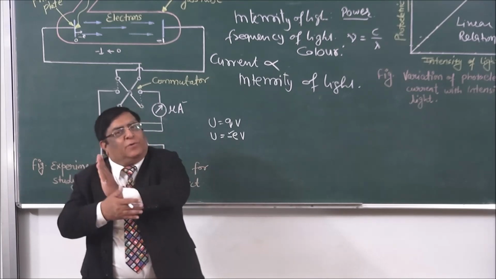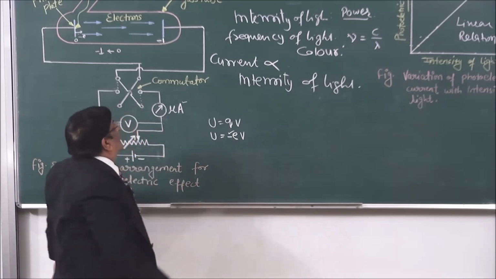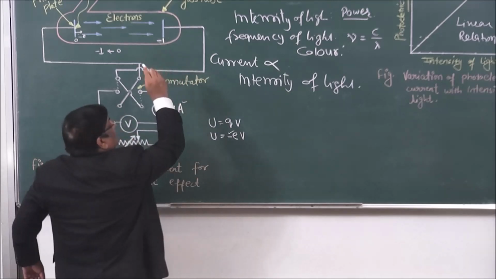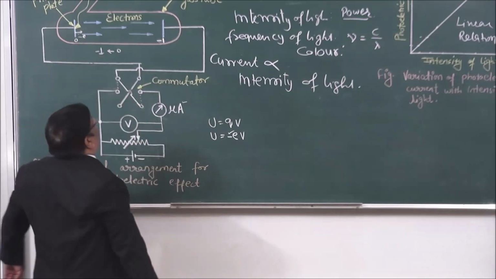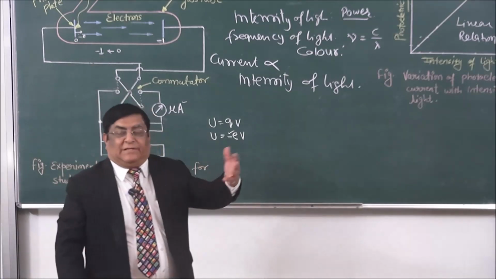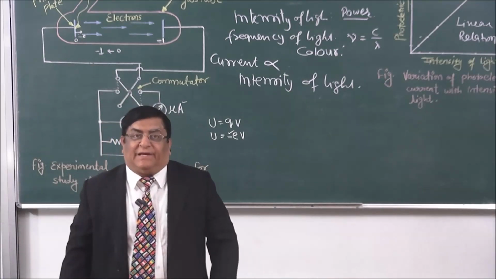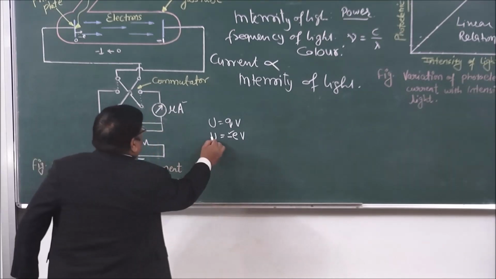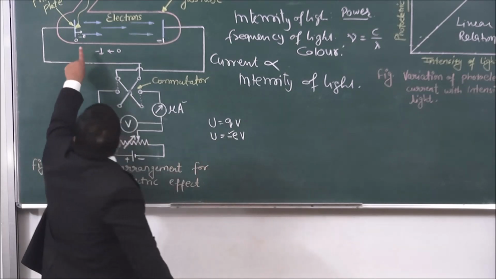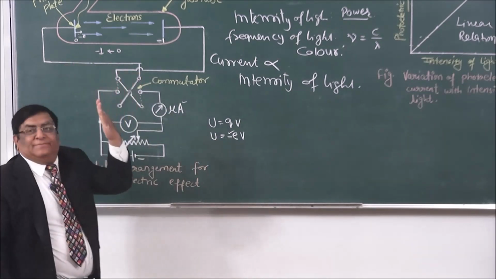The electron will stop here, it will not go. Now if I increase it to minus 4, then this will give it negative energy. So this will be potential energy given to the electron, and that will stop.